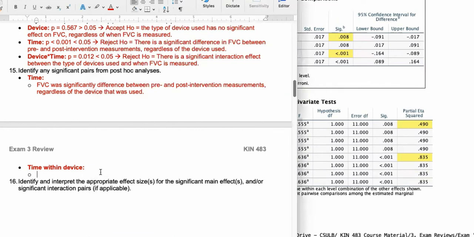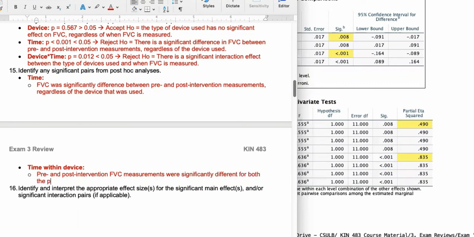So we could write that as pre and post intervention FVC measurements, well, I'll use past tense, were significantly different for both the placebo and resistance devices.